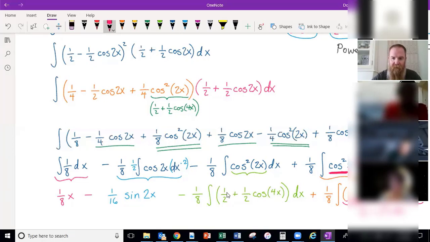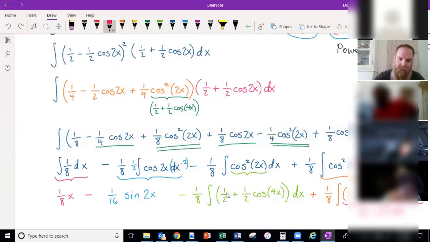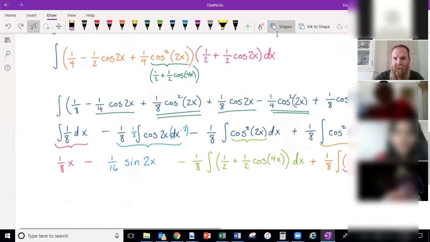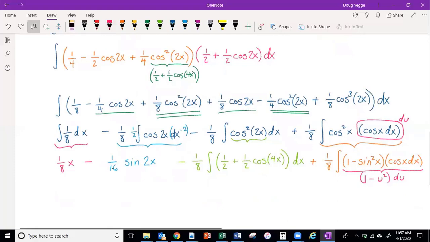If I let sine x be my u, then the derivative of u is cosine x. That's the reason, if you have an odd power, that you're actually doing that process. Okay? Don't worry, we're about done. Almost. My brain really hurts. I know, as it should.